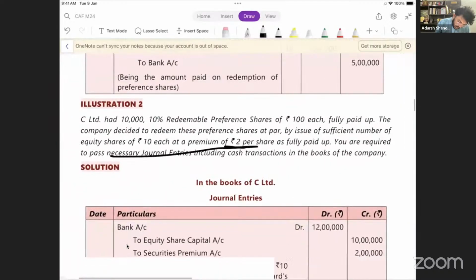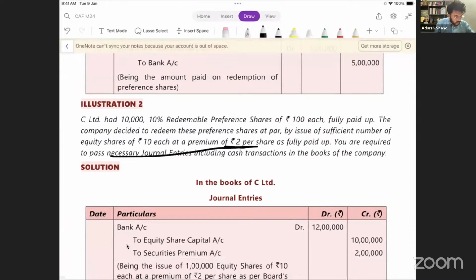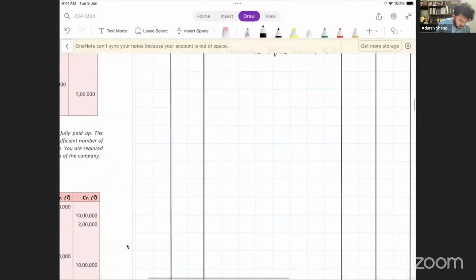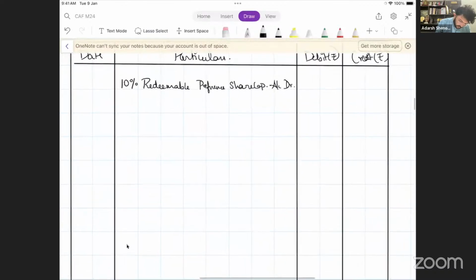The redemption is at par or redemption is at premium? The redemption is at par. So to preference shareholders.